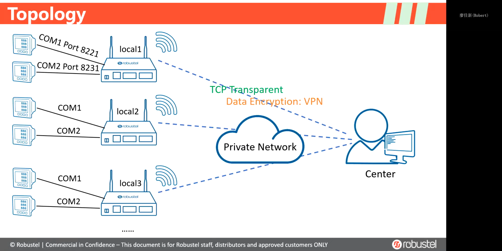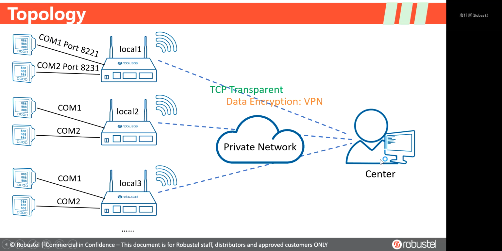Their working way is totally different from TCP transparent, so they are not capable. VPN would be the proper solution, which is able to encrypt data based on TCP transparent.